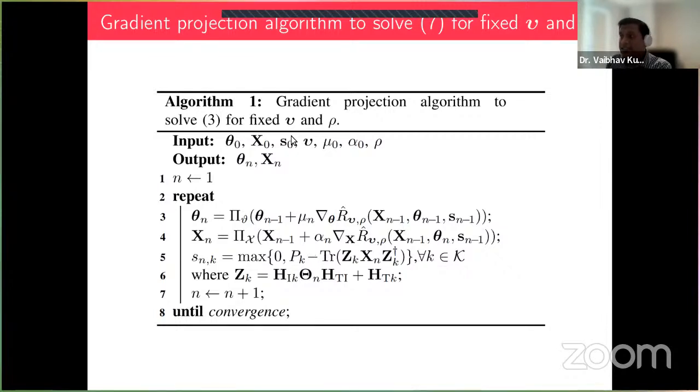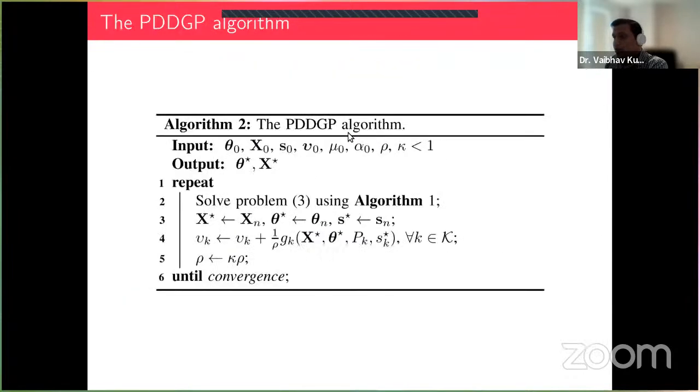And then since this has been done for fixed Lagrange multipliers and a fixed penalty parameter, now we go to algorithm 2, which says we give these inputs here. Kappa is a constant number that is less than 1.